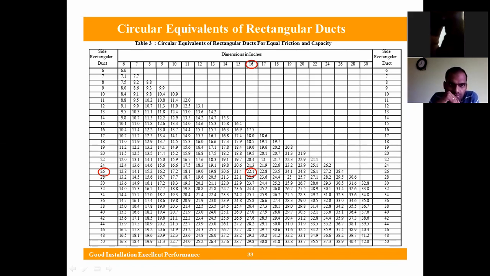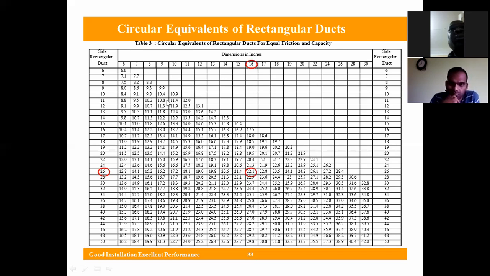17 into 11. Yes, 17 into 11. Correct. Others also, you can understand it, right?